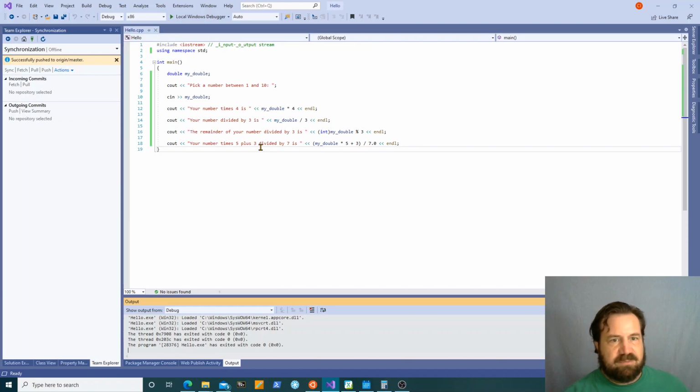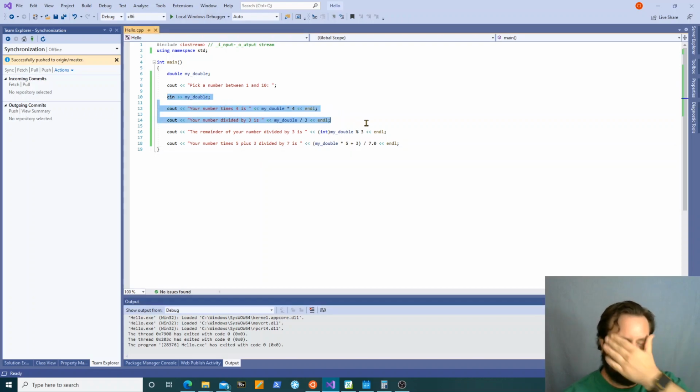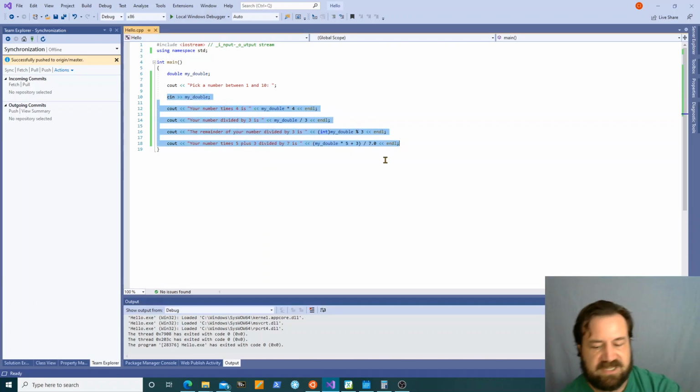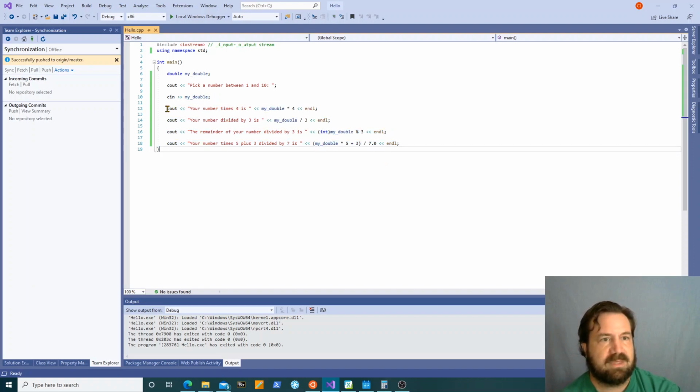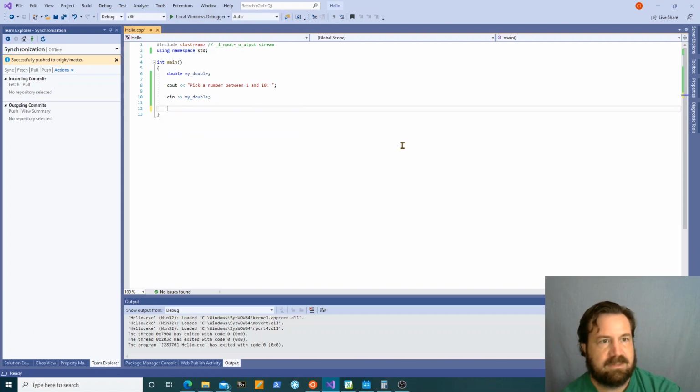So you've seen how to do some basic math there. What if we wanted to calculate something a little more interesting, like the volume of a cube with side my double? I forgot my cout statement.